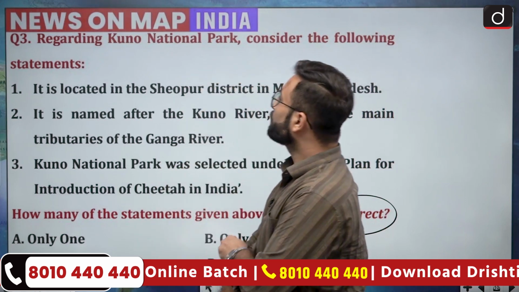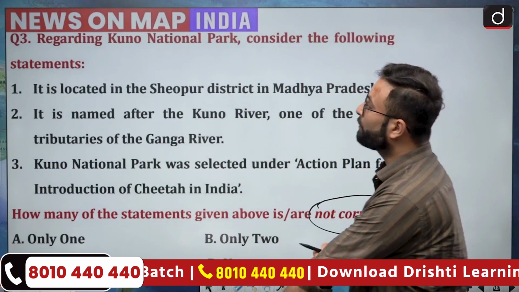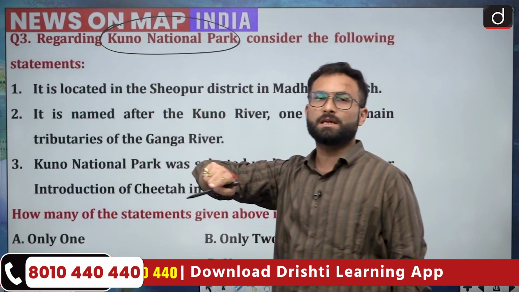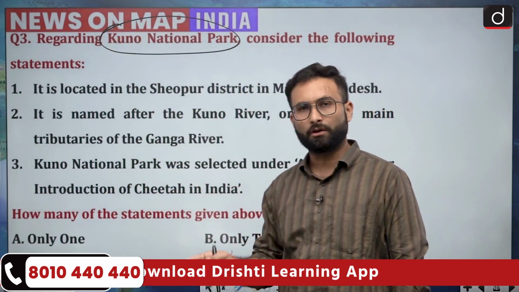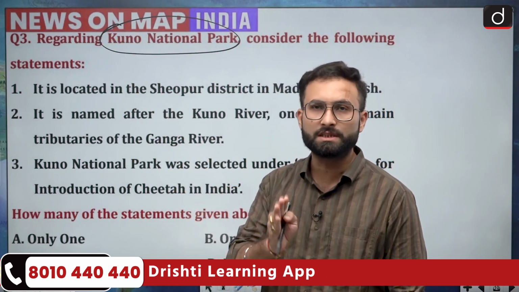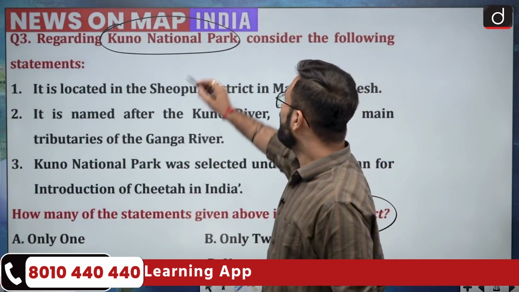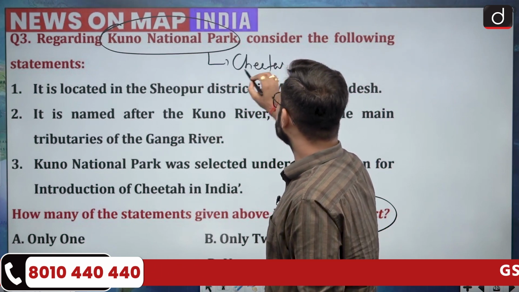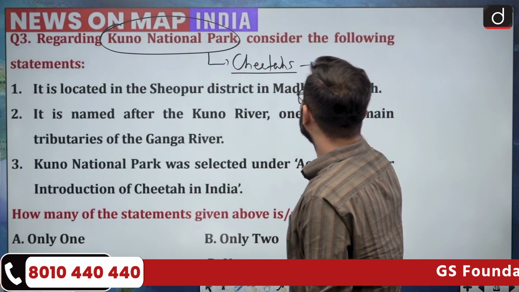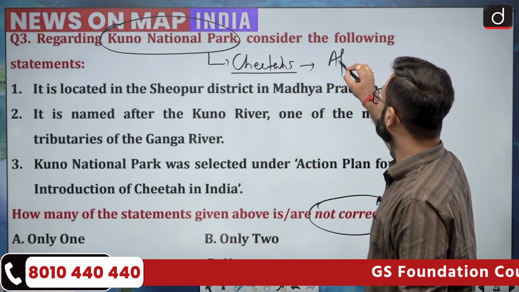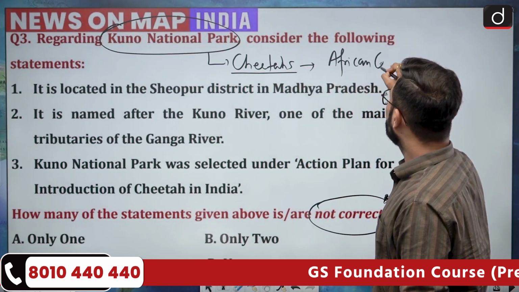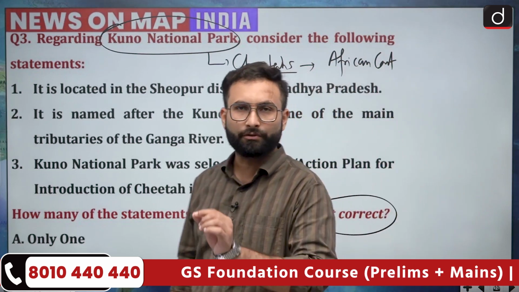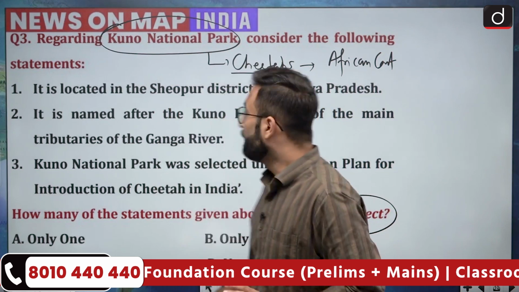Now, coming to statement number 1, before that I would like to tell you why Kuno National Park was in news. Kuno is the place where the reintroduction of cheetahs has taken place. These cheetahs have been brought from the African continent, and Kuno National Park was selected as a habitat for them.